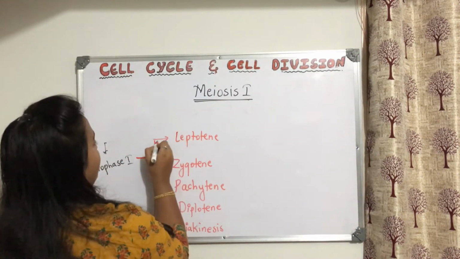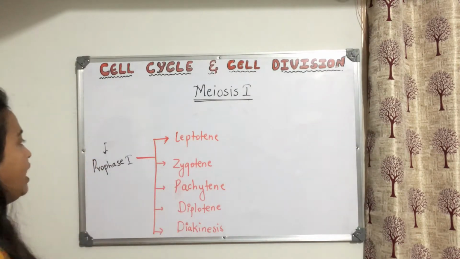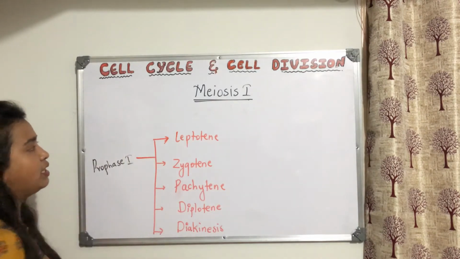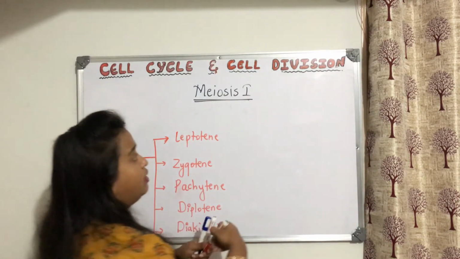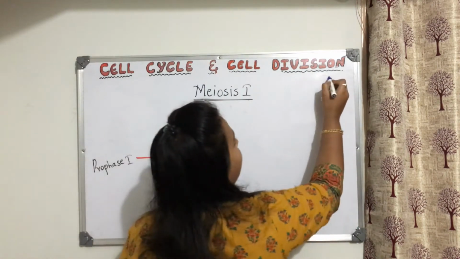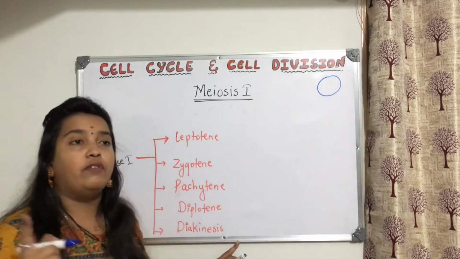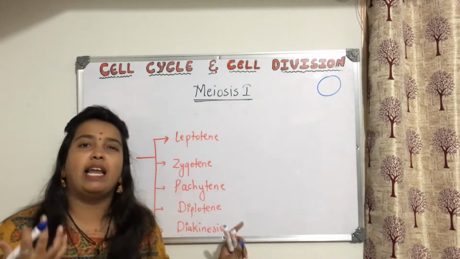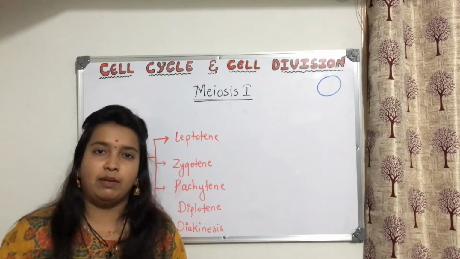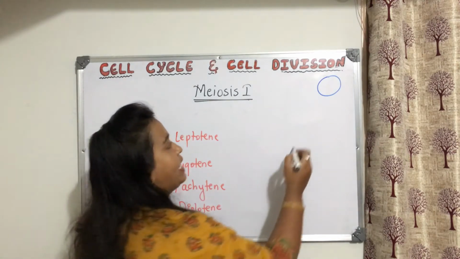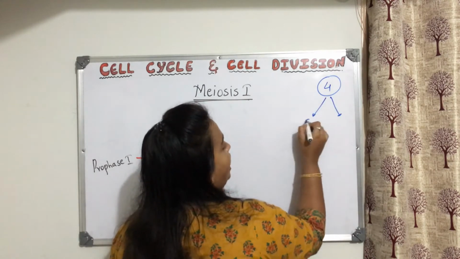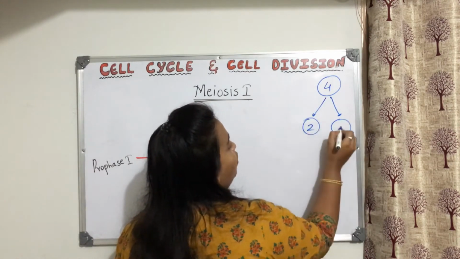So in prophase 1, we have these other stages, leptotene, zygotene, and so on. But we will see the blueprint also. This is the cell, and if it is human, it is 46, but I am taking an easy example of 4 chromosomes. In the first meiosis, it will form 2 cells with 2 and 2.